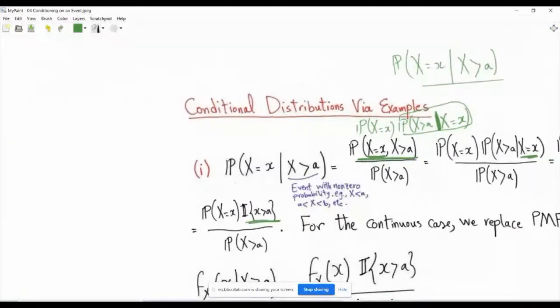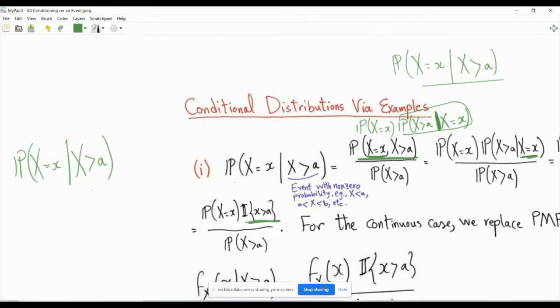So let's basically write it down. Now the probability that some discrete random variable big X is equal to small x, given this event that X is greater than A, so we have some side information.